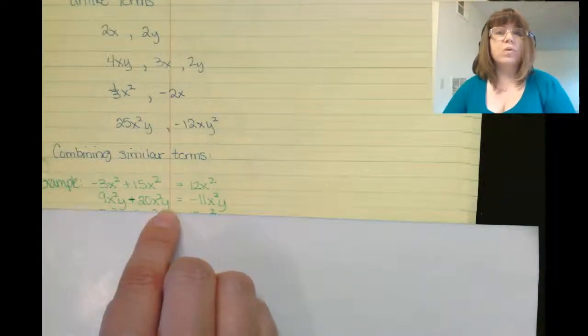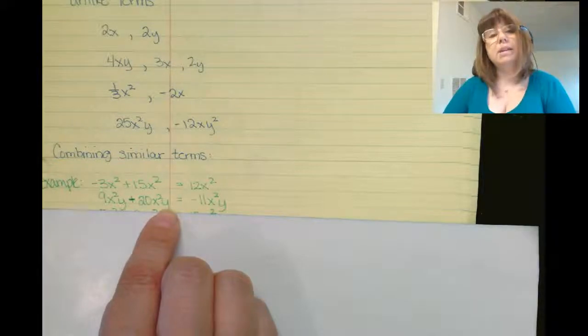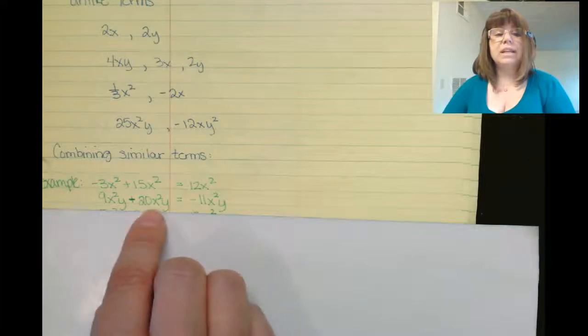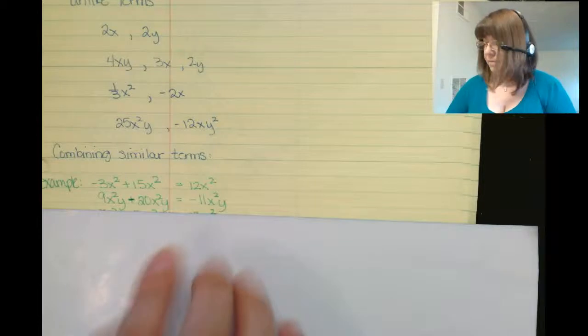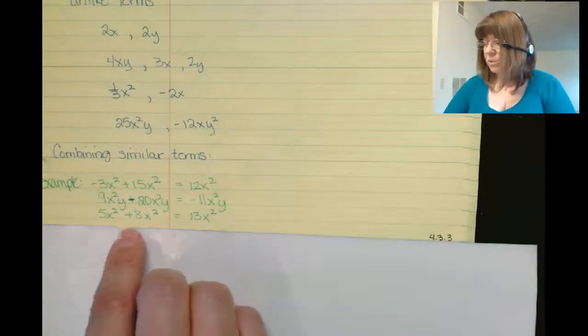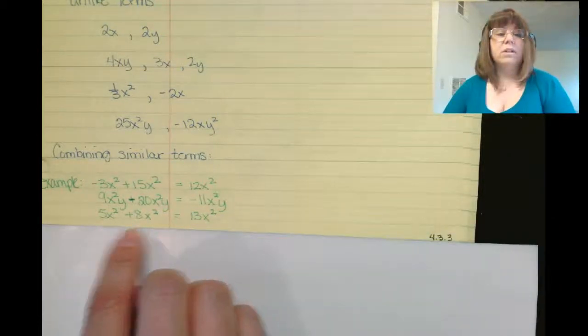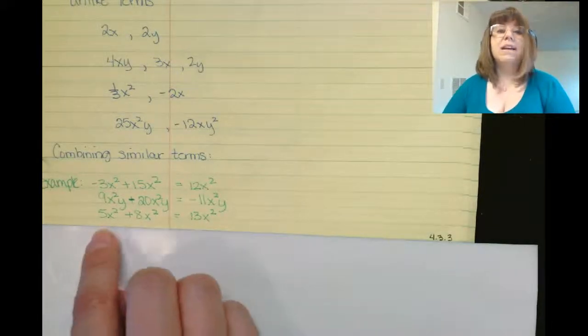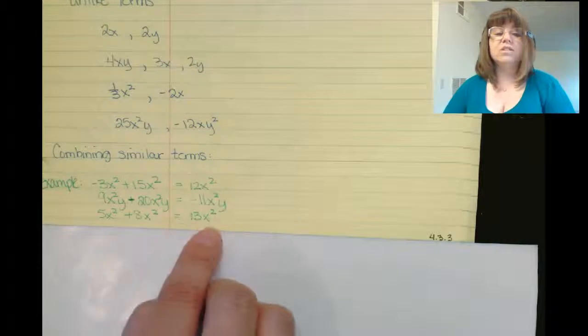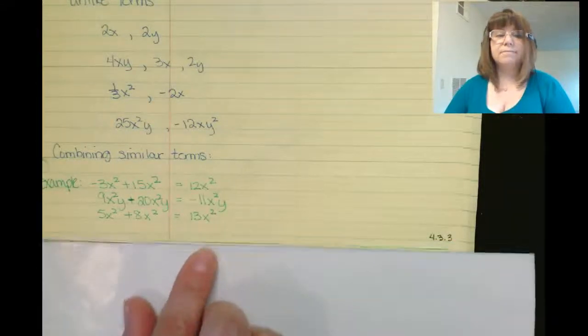They both have the x squared y in common, so now I can combine them. I only look at the coefficient at this point. 9 minus 20 is negative 11, so my answer is negative 11x squared y. 5x squared plus 8x squared. Well, they have the x squared in common, so I can just add the coefficients. 5 plus 8 is 13, so my answer is 13x squared.